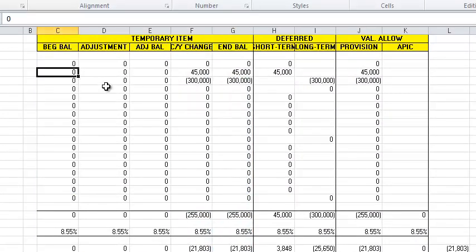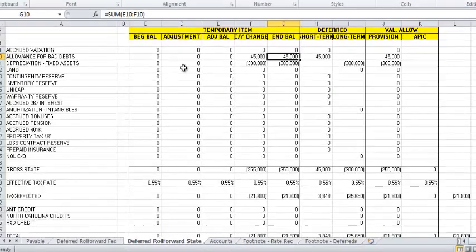So I said this was the first year of my existence, so I had nothing at the beginning of the year for bad debts. I added back 45,000 of bad debts, and that's going to create a future deduction, so it's a debit. It's a future deductible difference. I multiply it by the state rate, and I get my state deferreds.